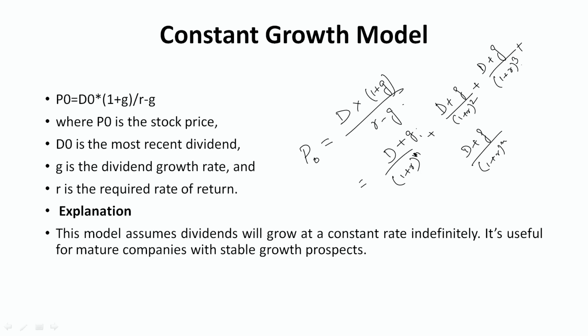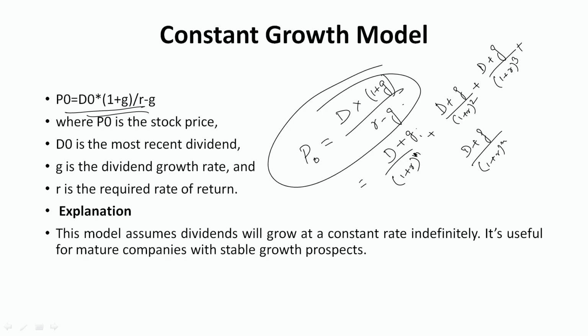If I solve this equation, it comes to be the present dividend into 1 plus growth rate divided by R minus G.